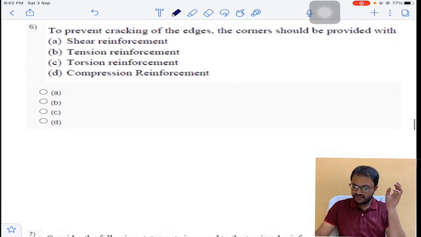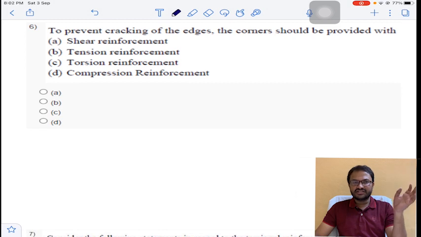Next question, very important conceptual question. To prevent cracking of edges, the corners should be provided with. Generally, we will provide reinforcement for positive bending moment as well as negative bending moment. In all the situations, when slabs are one-way slabs, that is, one direction length will be very high, in that case the corners will get easily affected to cracking.